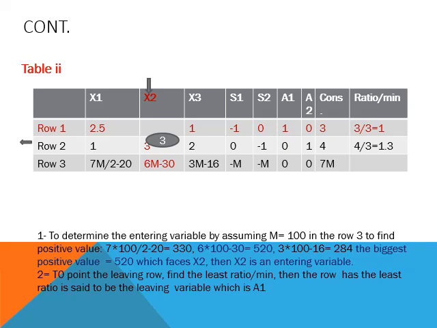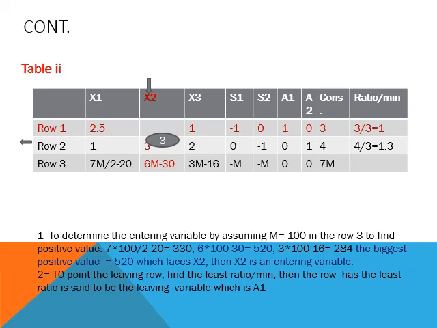And the last, here we are focusing on the non-basic variables in this case, x1, x2, and x3. S1 and S2, A1 and A2 are artificial or slack variables. Don't worry.